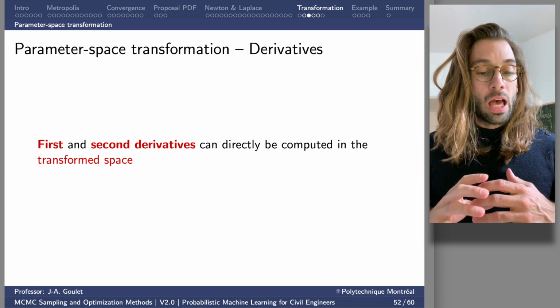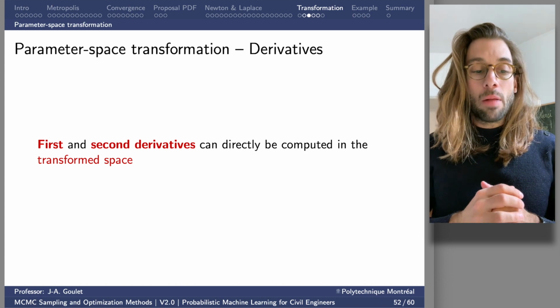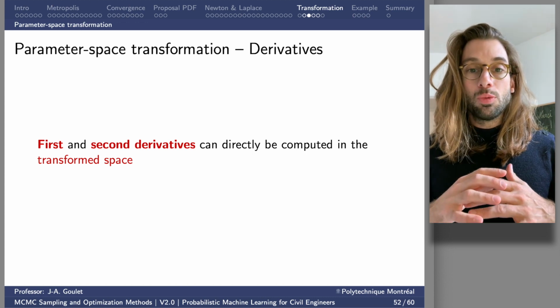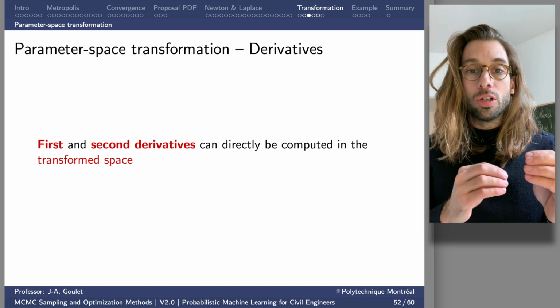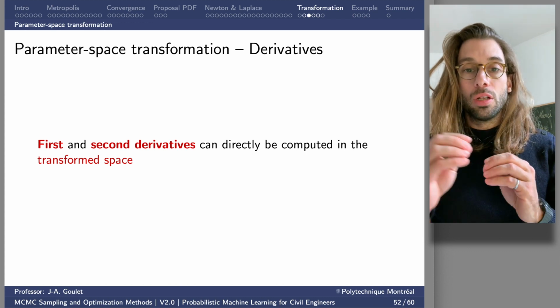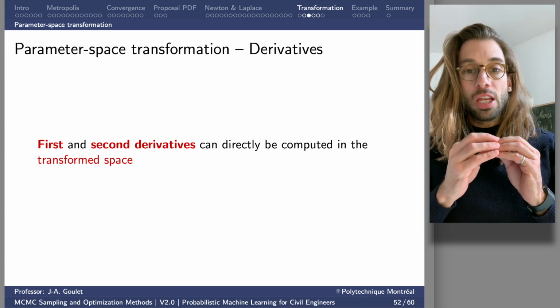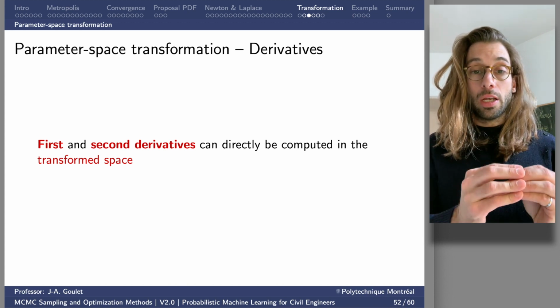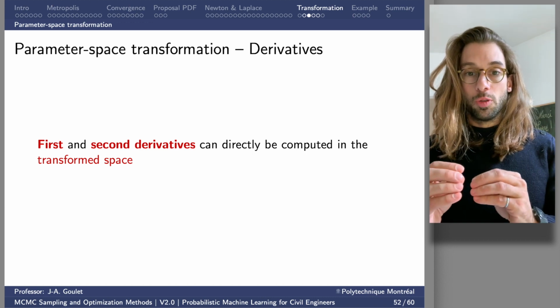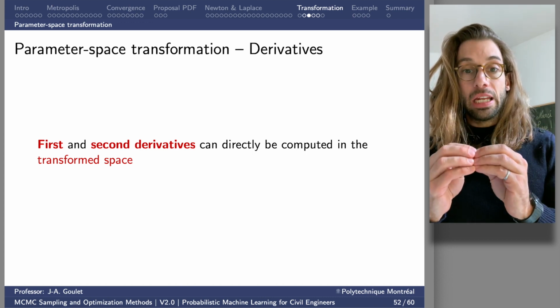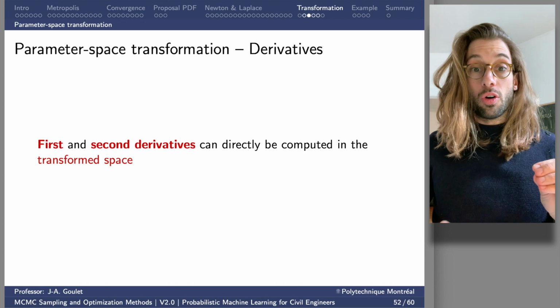So here, if we want to solve the problem, what you have to keep in mind is that instead of calculating all our first and second order derivatives in the original space, for the Newton-Raphson or for whatever problem we want to do, we're now going to calculate them in the transform space.